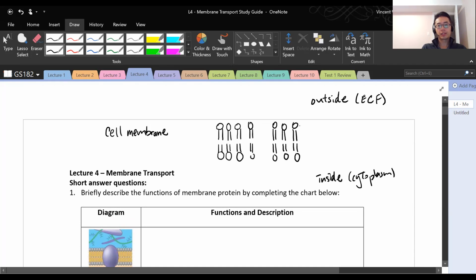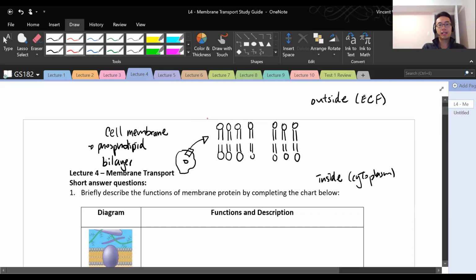Okay, and then here, basically, if this is the cell, I'm zooming in this portion here. Okay, so it's 2 layers, right? We call this the phospholipid bilayer. Okay, so 1 layer and then another layer.